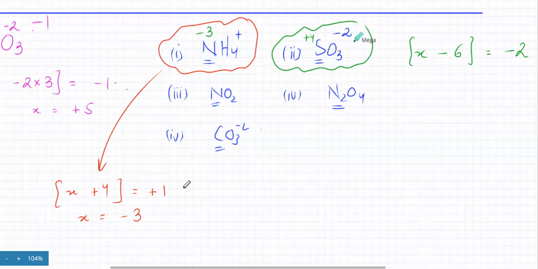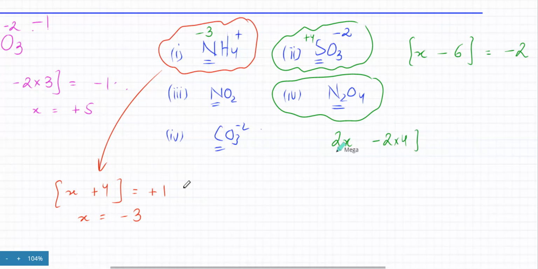And what about N2O4? So oxygen is -2 times 4. That's -8. And there are two nitrogens, right? Yeah, two nitrogens.